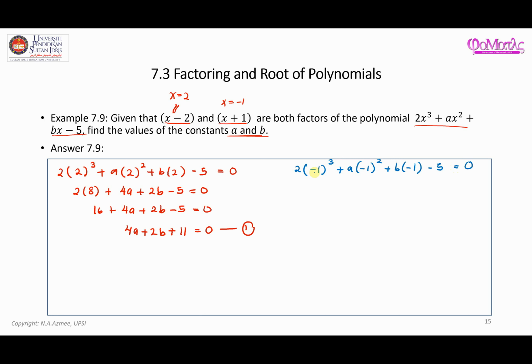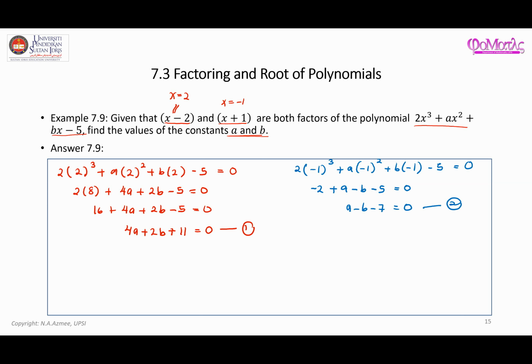Negative 1 to the power of 3 is negative 1, so it will be negative 2. This one will be positive, so it will be plus a. This is negative b. This is negative 5 is equal to 0. Next, I will have a minus b minus 7 is equal to 0, and this is equation 2.